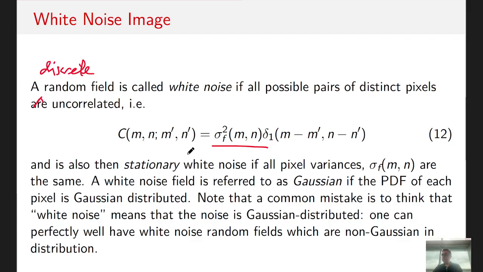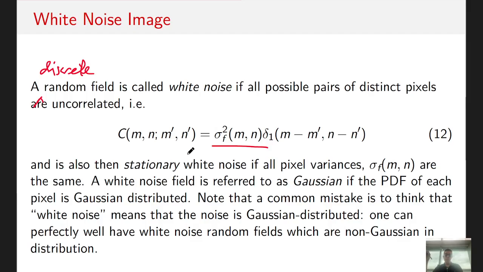Finally, there is often a bit of confusion about whether a white noise image is Gaussian or not. So a white noise image is not automatically Gaussian in nature.